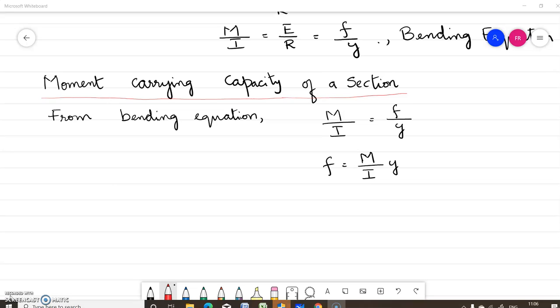Now we'll see how to find out the moment carrying capacity of a section. From the bending equation we have M by I equal to F by Y, or you can write bending stress F equal to M by I into Y. This shows that the bending stress is maximum at the extreme fiber because F increases with the increase in Y for a particular cross section and applied moment.